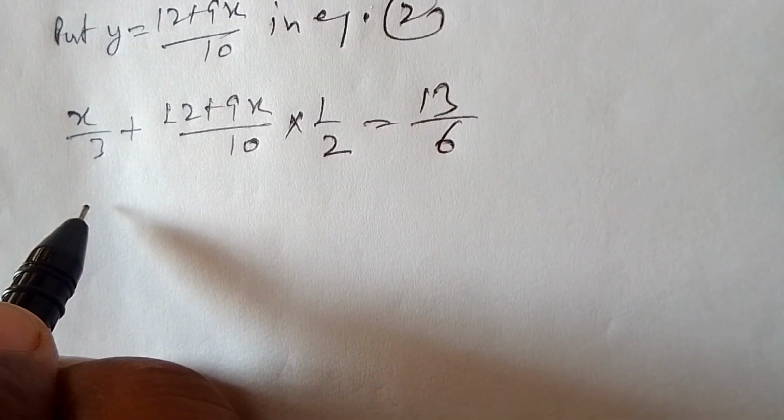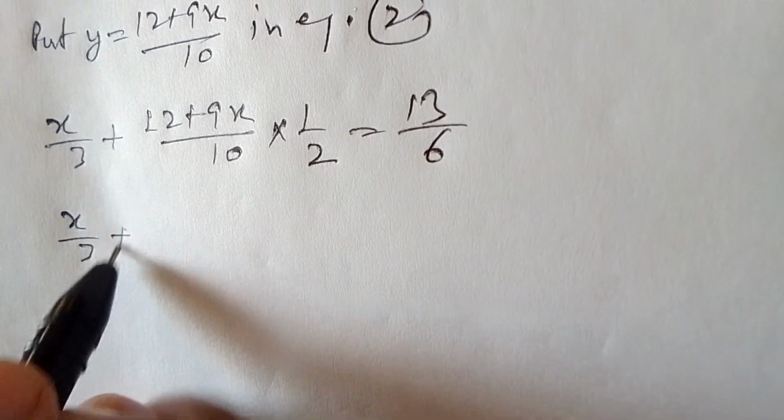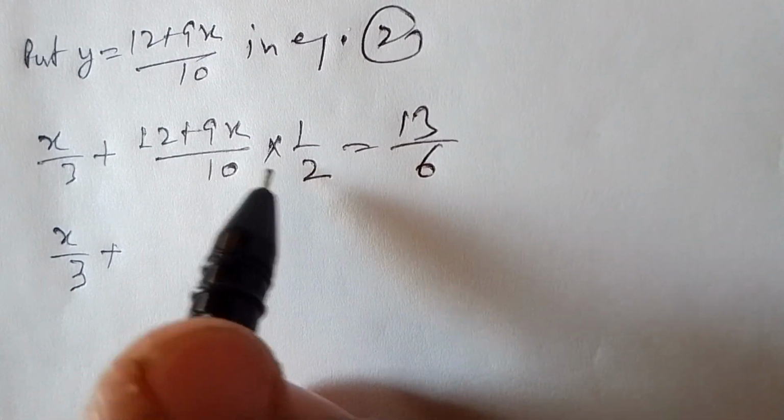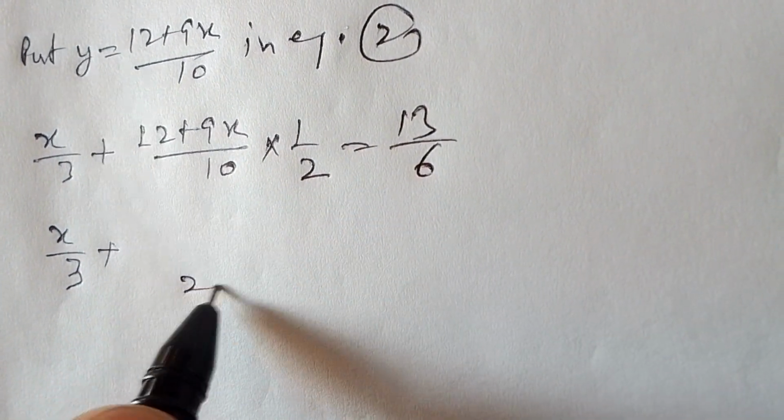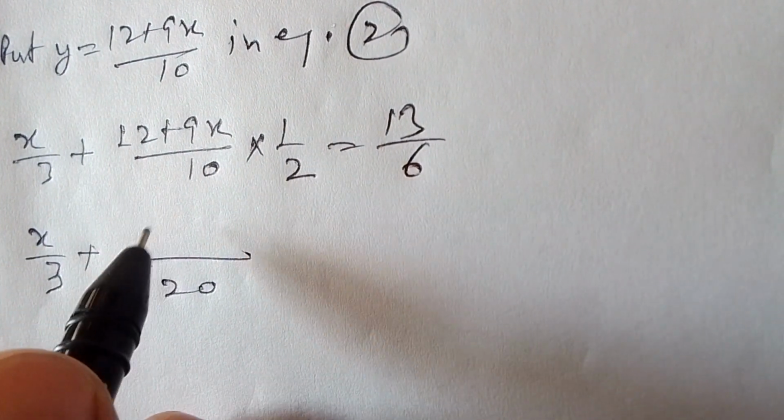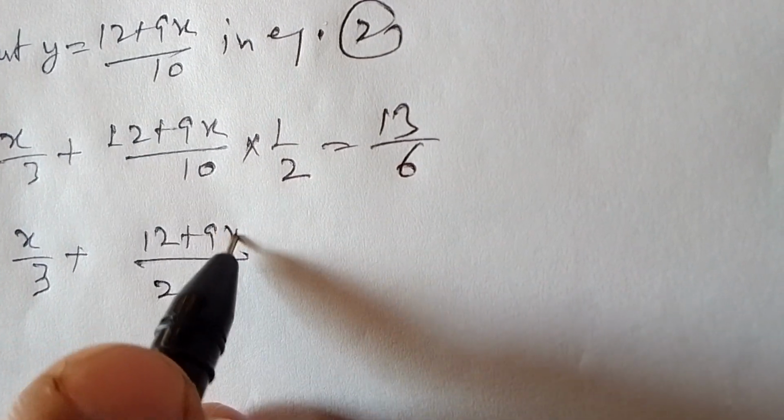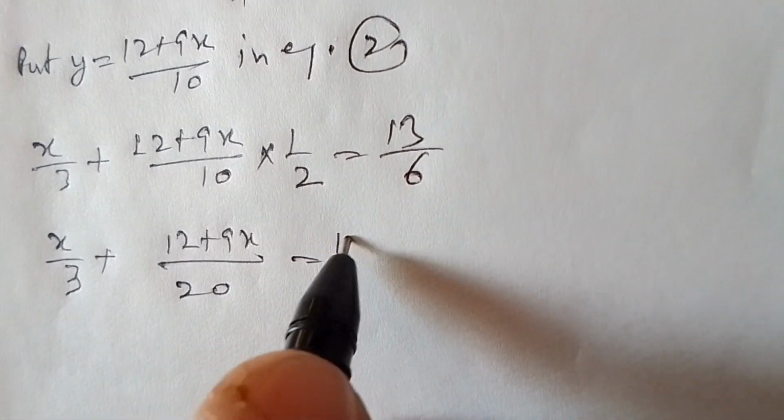Here again it can be written as x by 3 plus, taking LCM of this and multiplying, it becomes (12 plus 9x) divided by 20 is equal to 13 by 6.